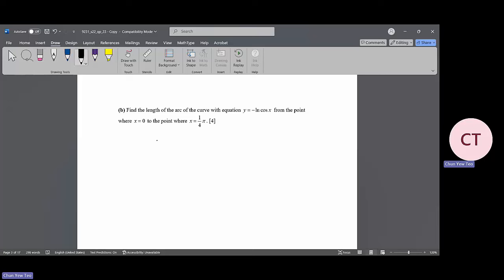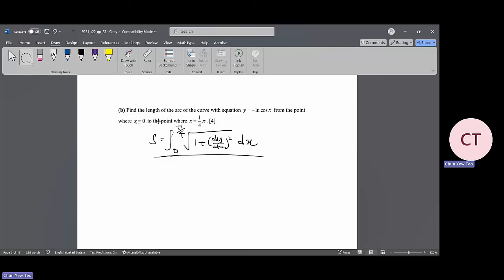We know the formula, it should be s equals the integral from 0 to π over 4 of the square root of 1 plus (dy/dx) squared dx. This is the formula for us to find the arc length of a curve.